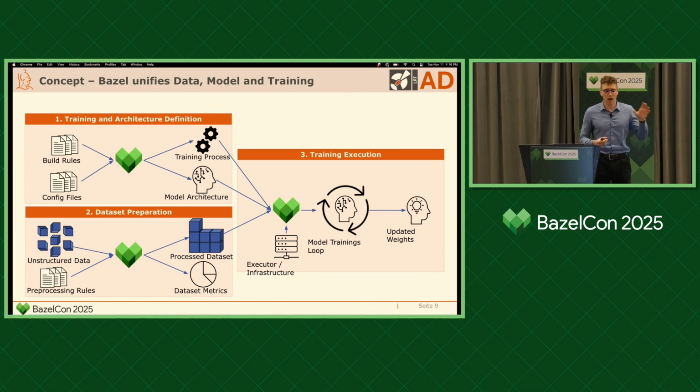So the unstructured ROSbags get processed into a structured training data set, and with that you can also generate metrics. And in the third step, the training is executed, so the weights get updated. And we do this because we think that for training an AI efficiently, you also have to take the data as a dependency. So that's the core idea here.